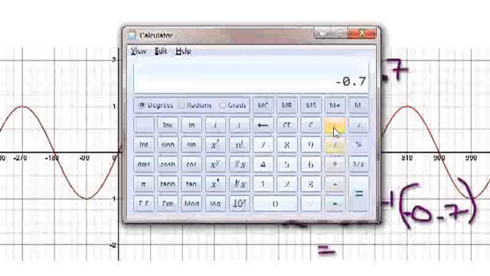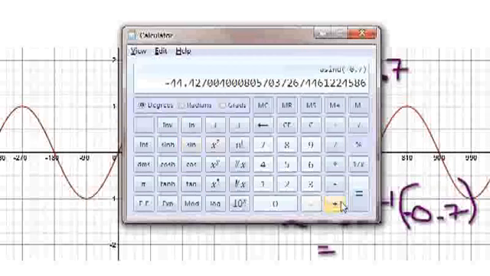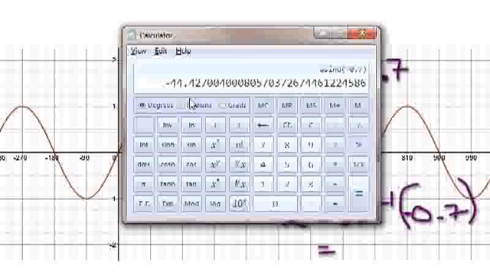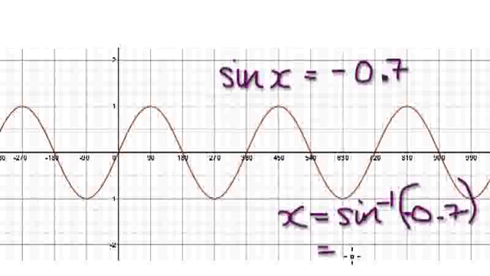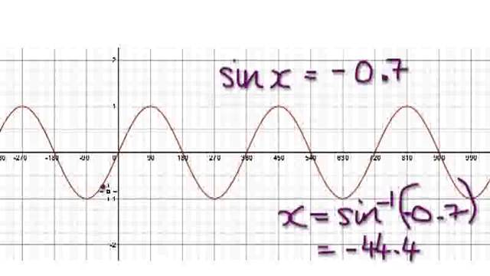Stick a negative in there, and then inverse sine. The principal solution is negative 44.4. So this here is negative 44.4, and this is our principal solution.